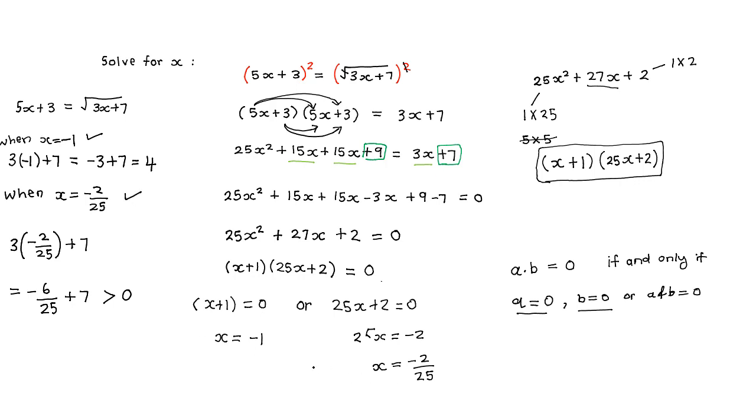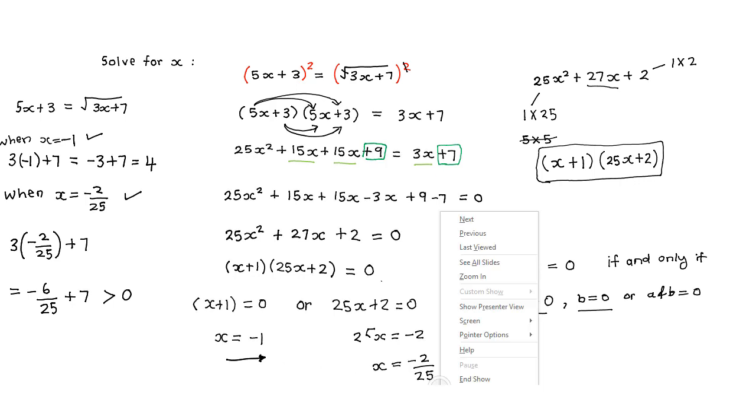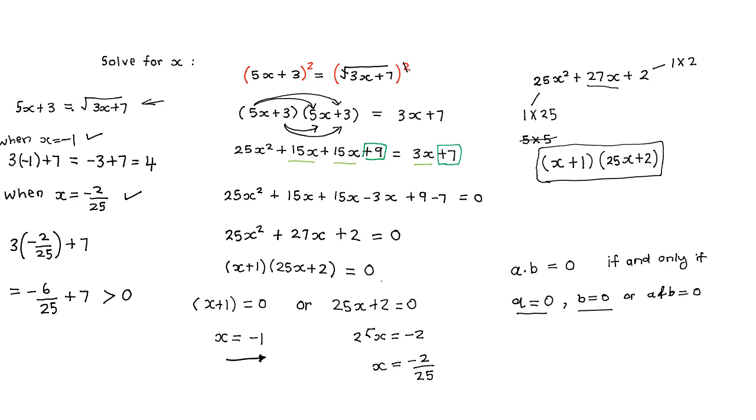So this x value is also fine. Now the last thing you'd have to do is to check that when you substitute both of these x values, you get the same answer for the left-hand side and the right-hand side. So you're going to plug it into this initial equation individually. And when you do that in your calculator, you'll see that x is equal to minus 1 is not a valid solution.